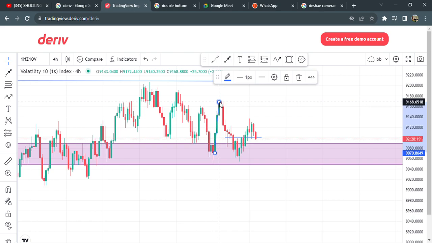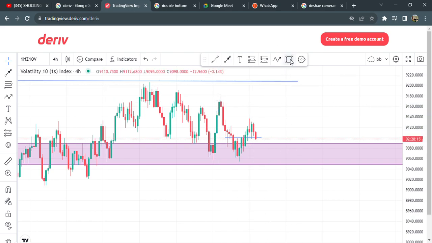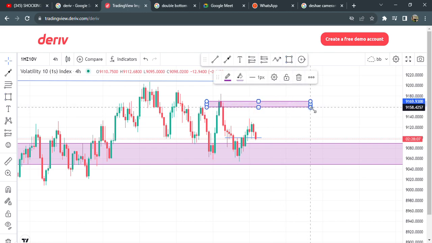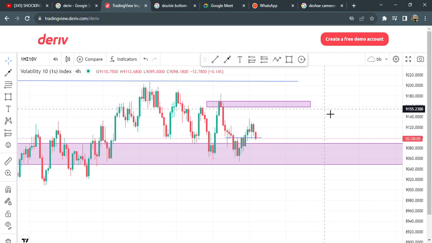You see? So let's label it. Remember we said you always label the opposite candle. So this is our supply zone on the 4-hour chart. And again, even without labeling, our demand zone will be this area here.